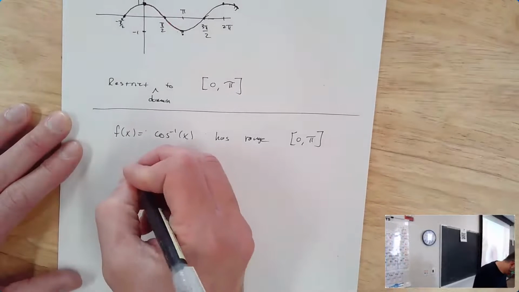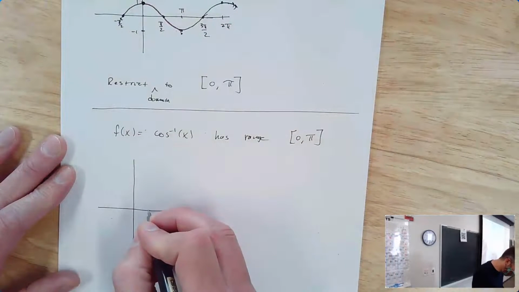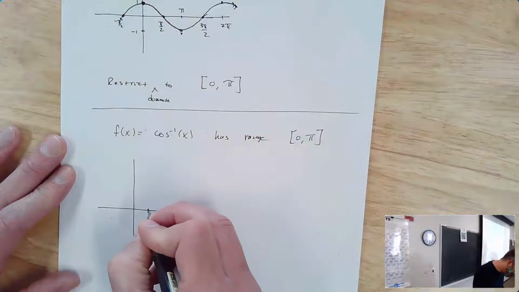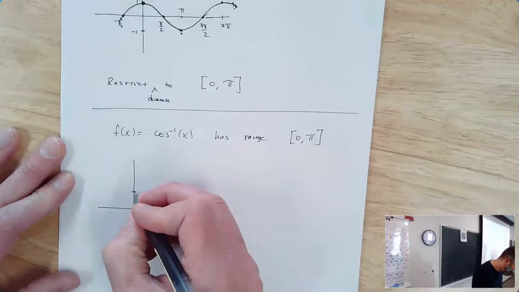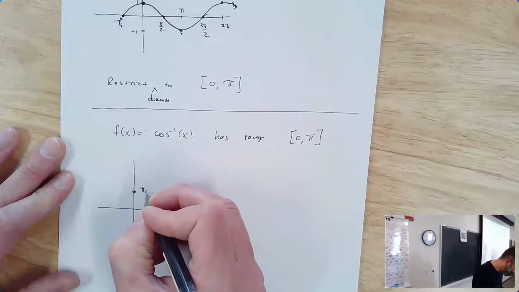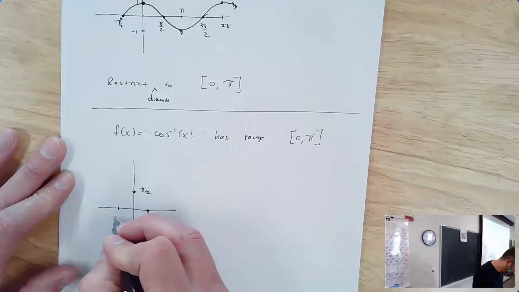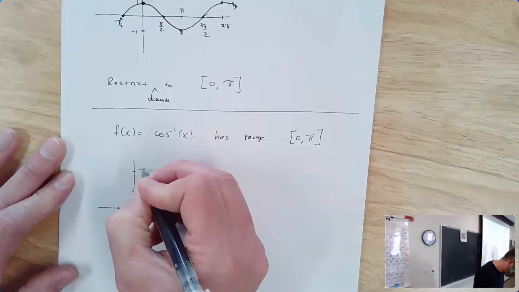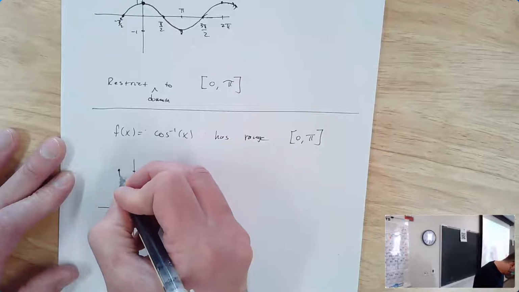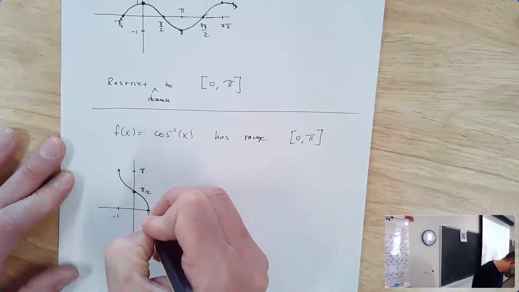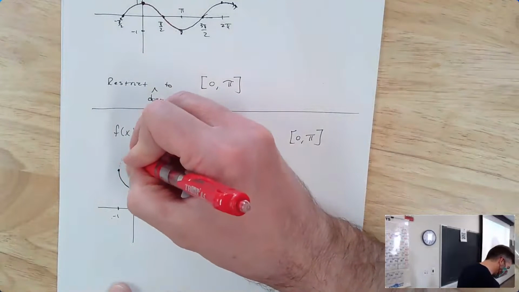Instead of getting the point 0, 1, I'm going to get the point 1, 0. Instead of getting the point pi over 2, 0, I'm going to get 0, pi over 2. Instead of getting the point pi, -1, I'm getting -1, pi. And here is what my inverse cosine graph looks like. It's missing all the rest of it.